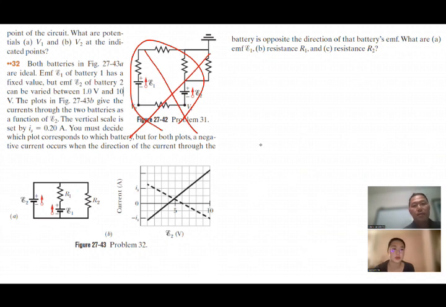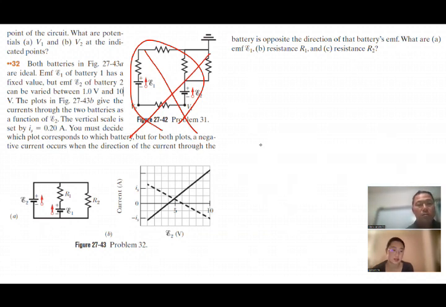So both batteries in figure 27-43A are ideal. EMF E1 of battery 1 has a fixed value, but EMF E2 of battery 2 can be varied between 1 volt and 10 volts. The plots in figure 27-43B give the currents through the two batteries as a function of E2.